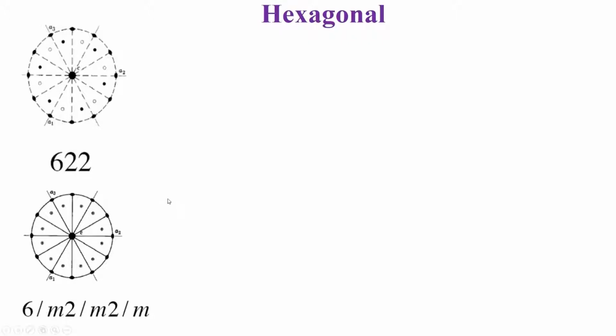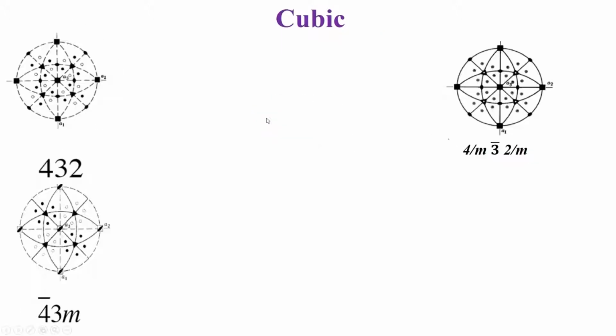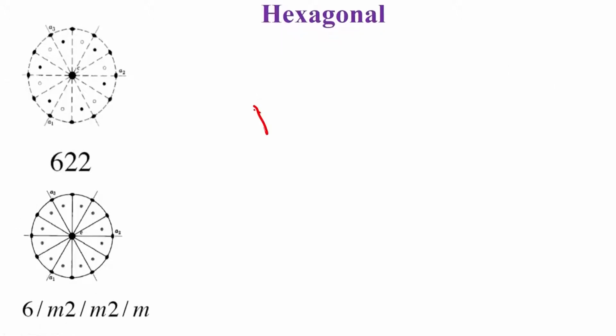What happens to the hexagonal symmetry with respect to the lattice? It has only one type of lattice, in fact that is a primitive lattice. So, we only have a primitive lattice, and the presence of the primitive lattice is only invoked in a hexagonal system.